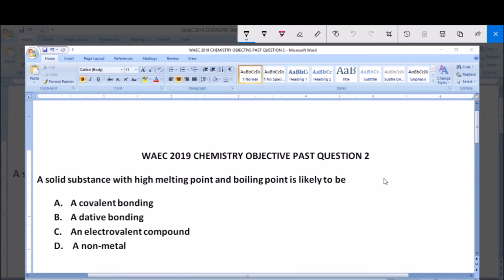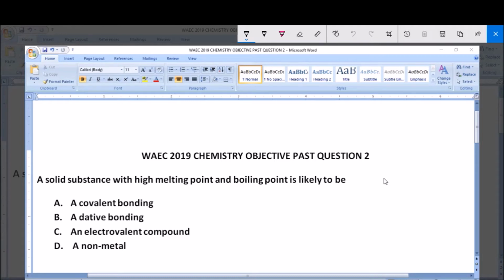And C is an electrovalent compound. Now, an electrovalent compound is a compound that comprises atoms that are bonded together by an electrovalent bond. Electrovalent bonds are formed by positively and negatively charged atoms, which are ions.